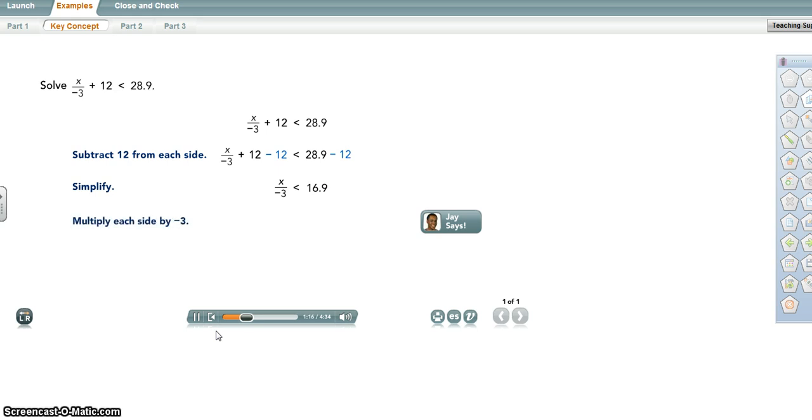Then use multiplication to undo division and isolate the variable. Multiply each side by -3. Because you are multiplying by a negative number, you have to reverse the inequality symbol. Simplify.